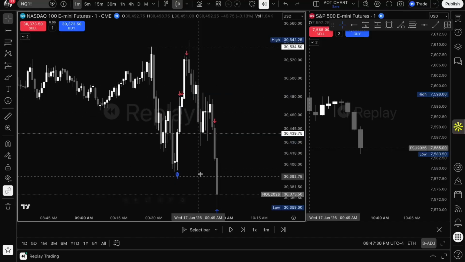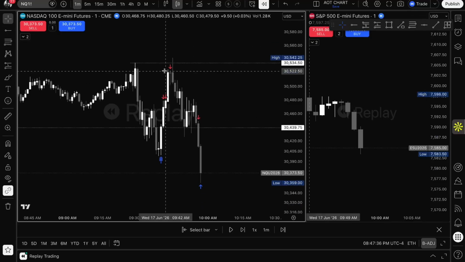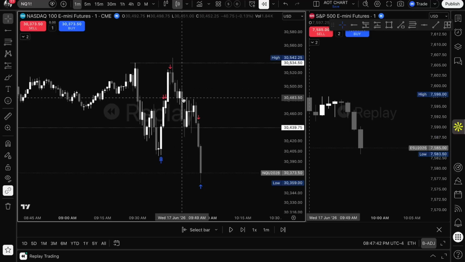All right, so this is an example of a reversal sequence happening in six to seven candles, and this is a reversal sequence failed to the downside, happening in 4 candles.